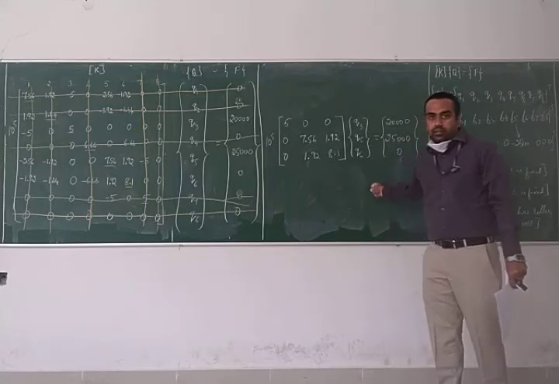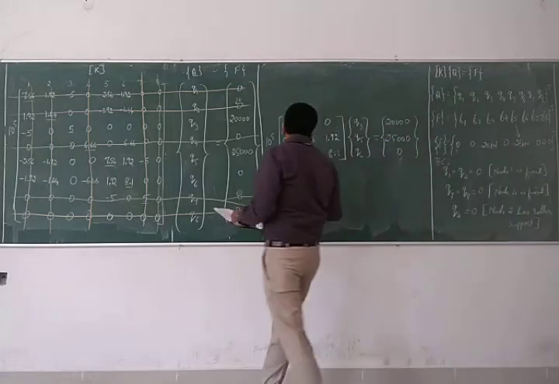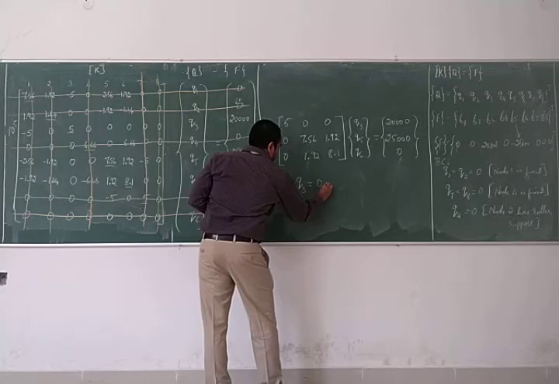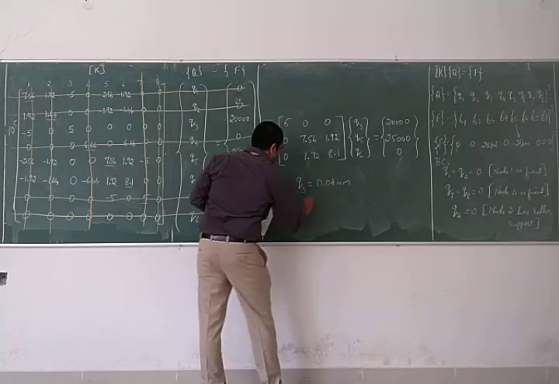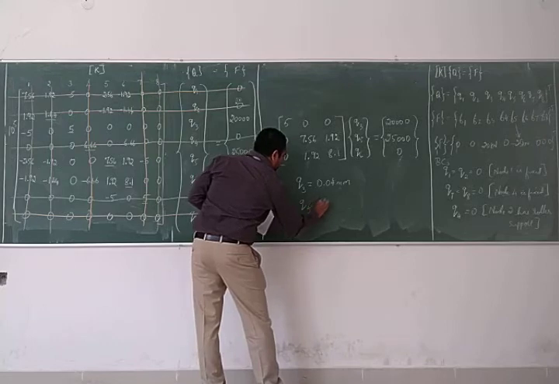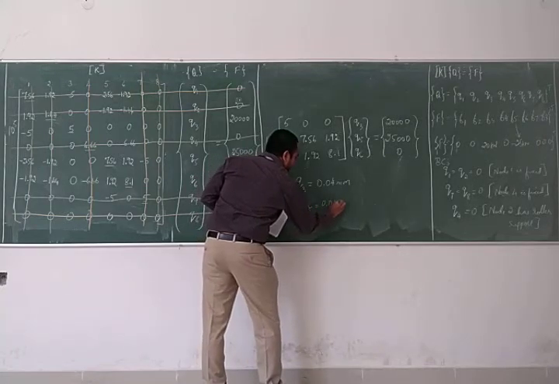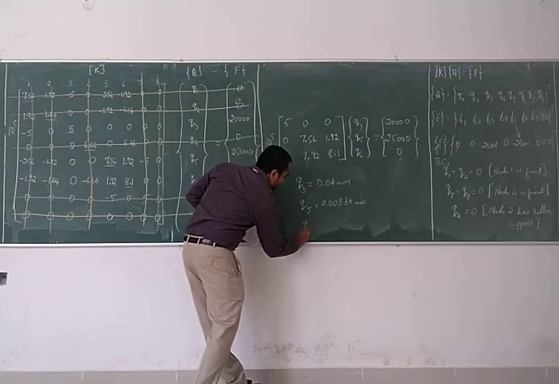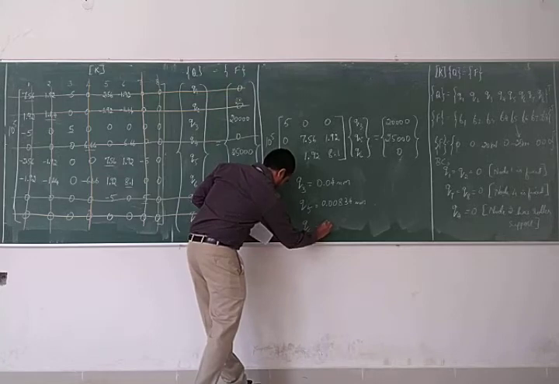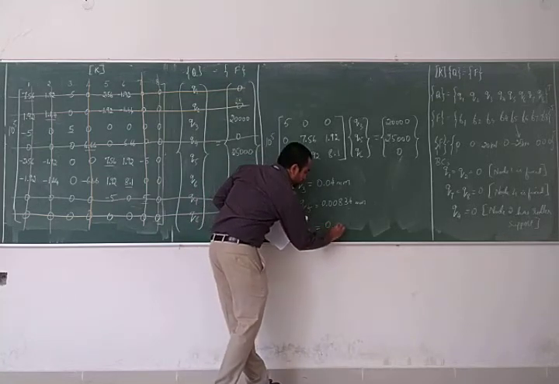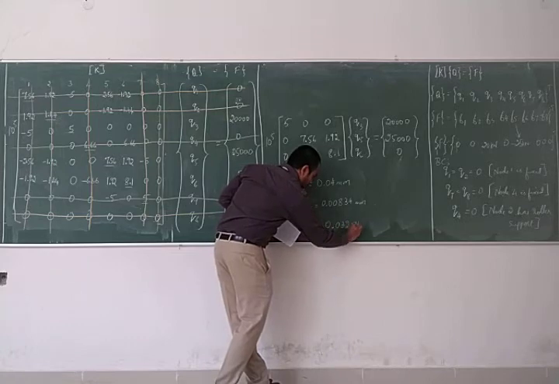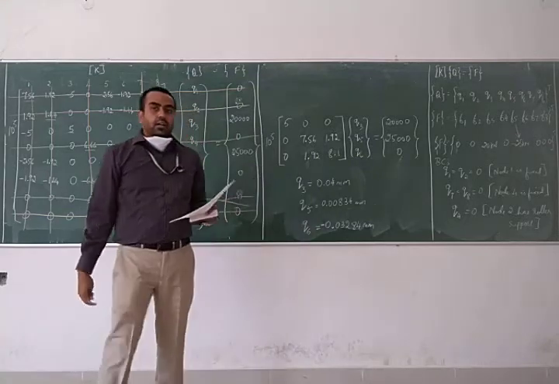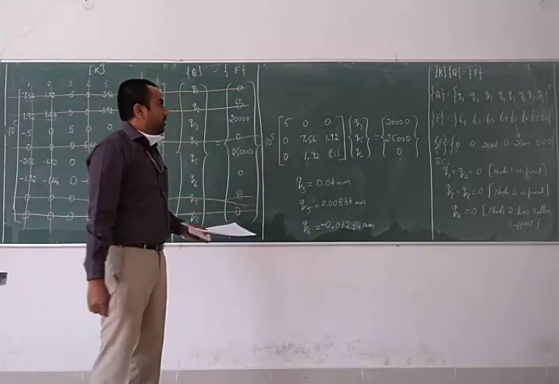From the calculator, the values obtained are Q3 equals 0.04 mm, Q5 is 0.00834 mm, and Q6 is equal to 0.03284 mm with a negative sign. So these are the displacement values for Q3, Q5 and Q6.